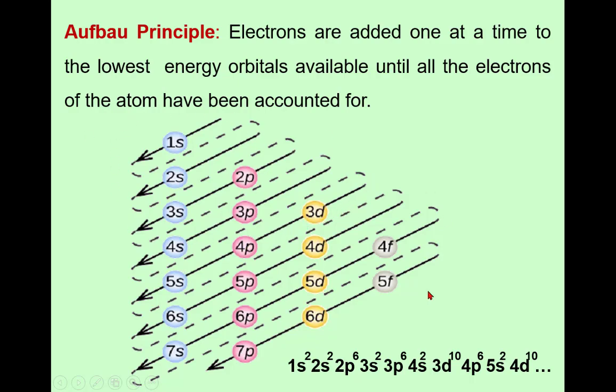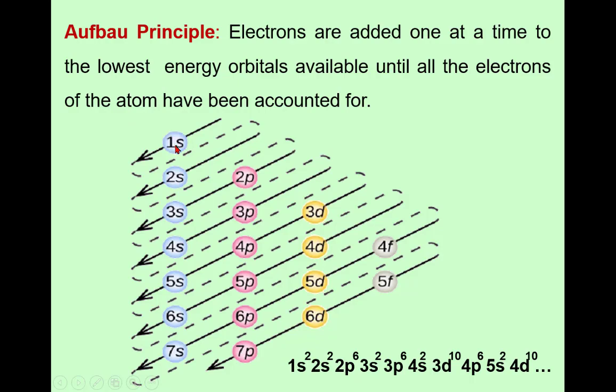These numbers are also set by physicists, for example quantum mechanics, and quantum mechanics gives you that system. Similarly, by that calculation we know that every orbital has its own capacity.